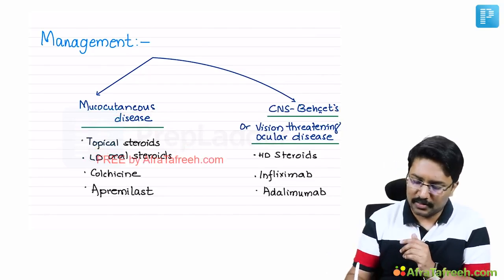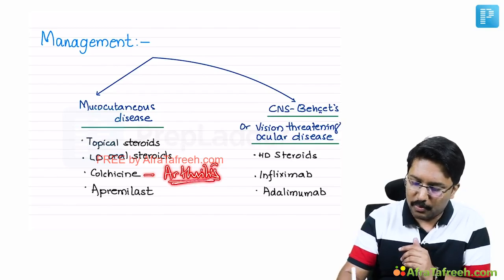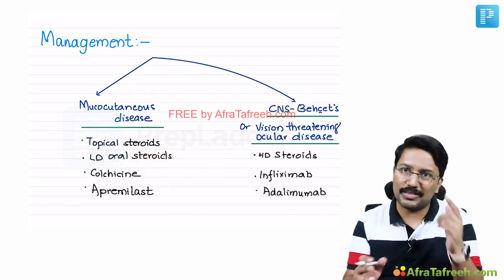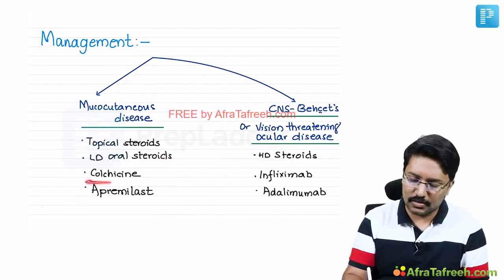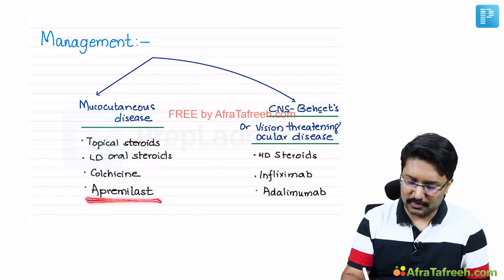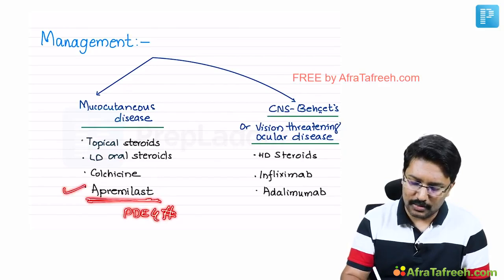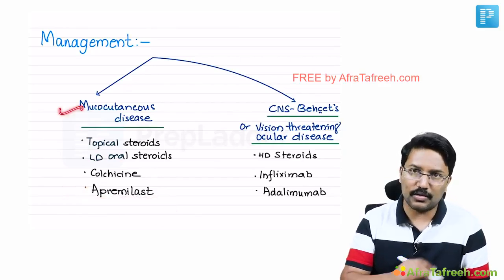Now, if arthritis is the primary manifestation, or if it is mucocutaneous with arthritis, which is a very common phenotype, colchicine can be helpful. Similarly, apremilast, the phosphodiesterase 4 inhibitor, has been shown to be helpful in some patients with mucocutaneous disease.